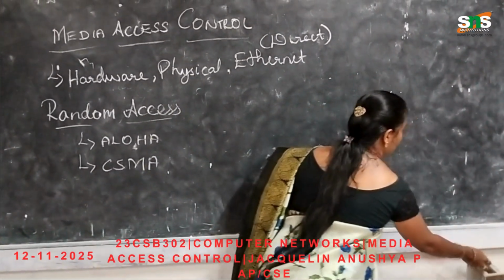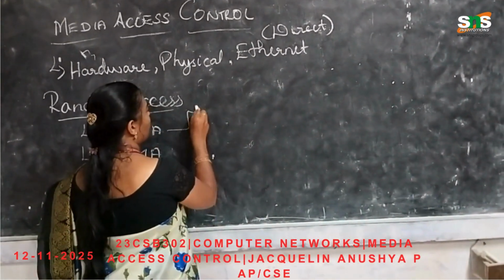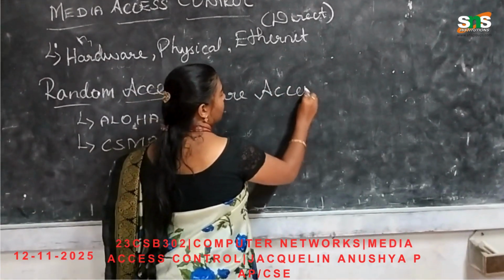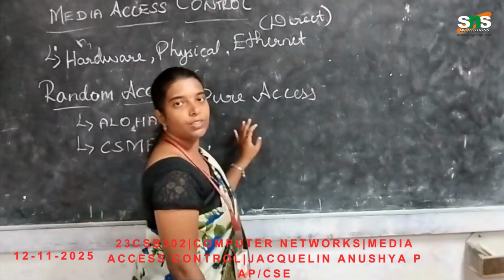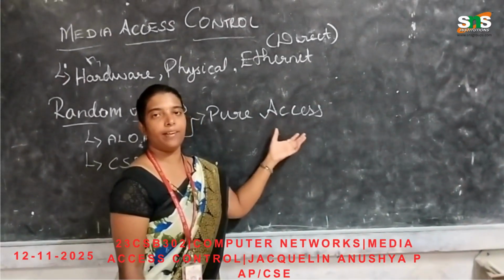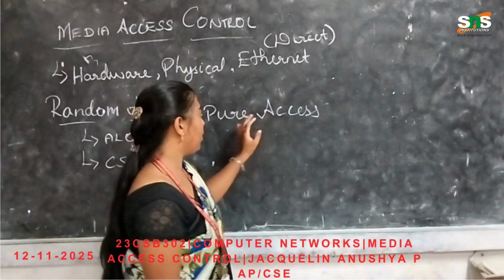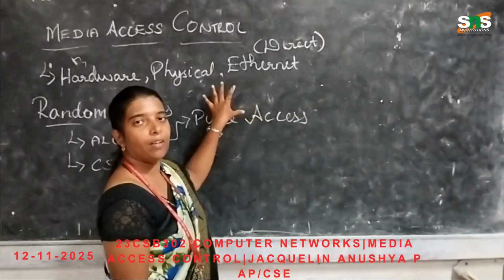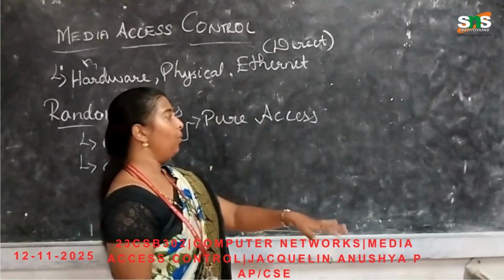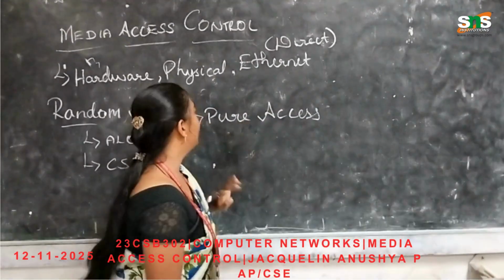In pure Aloha, what does it do? It transfers your data without any error detection, correction or mistakes. Where there are no mistakes, the data packet goes with the flow, so it is known as pure access.